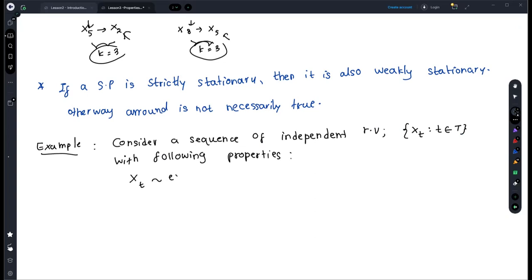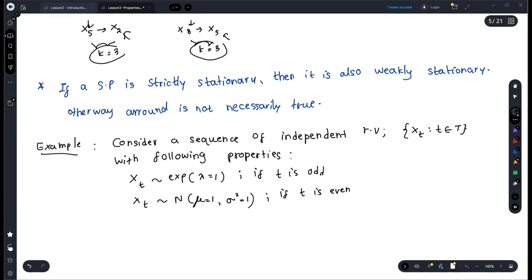So Xt follows exponential, let's say lambda equals 1, if t is odd, okay? And Xt is normal with mean 1 and variance also 1, that is if t is even. Consider a case like this, okay?